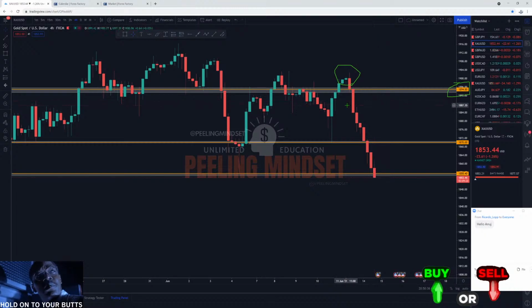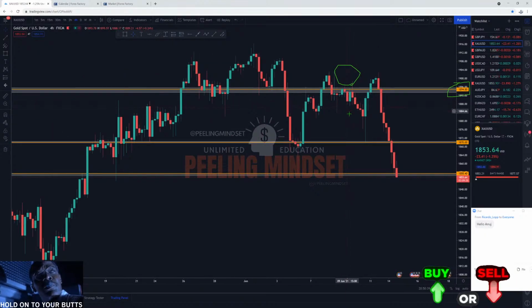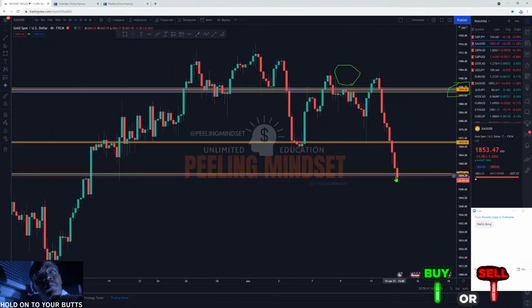So 4-hour in itself is making lower lows, lower highs. But for now, price itself is already too low to take a sell around this level below 1855.40. It obviously attacked the wick here, it obviously attacked another wick around here, the potential demand areas. It attacked that. So it's very interesting.